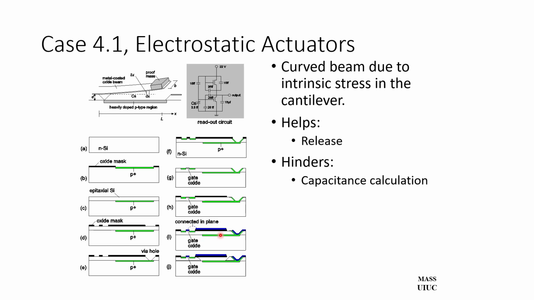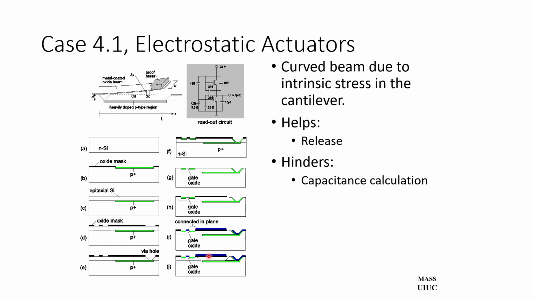After this, we use a gas phase silicon etch or liquid phase silicon etch to remove the sacrificial layer. In this case, the sacrificial layer is the silicon itself. The beam consists of a metallic layer and a silicon layer.